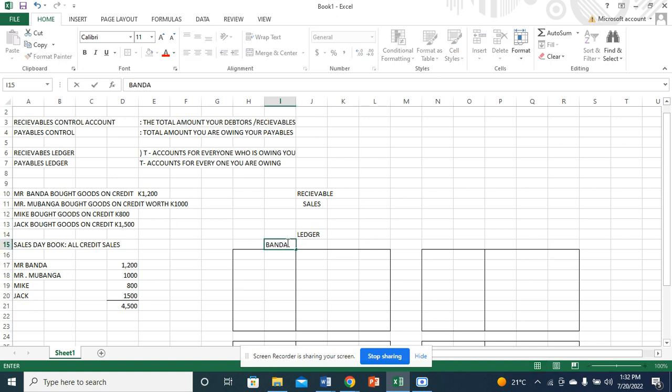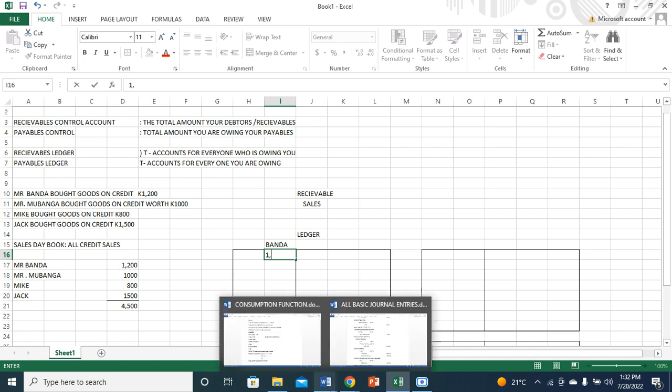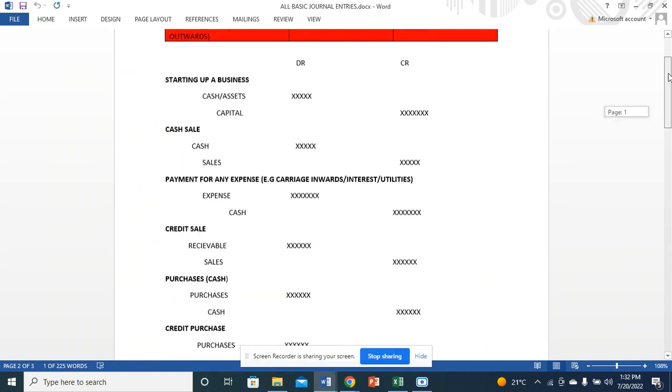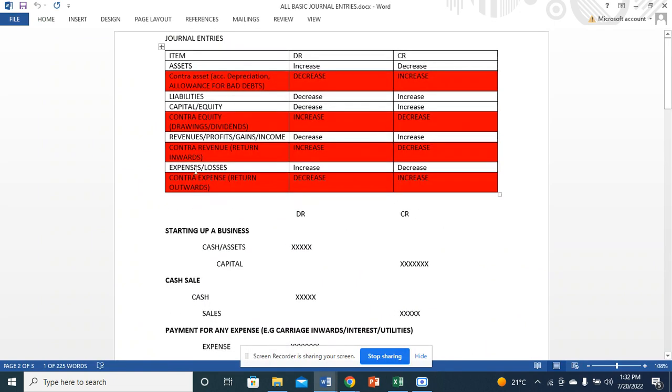You're going to debit him 1,200, because when you make a credit sale, that's an increase in sales. Sales is a revenue account. Let's go to the double entry rules. Where is sales here? Revenue.